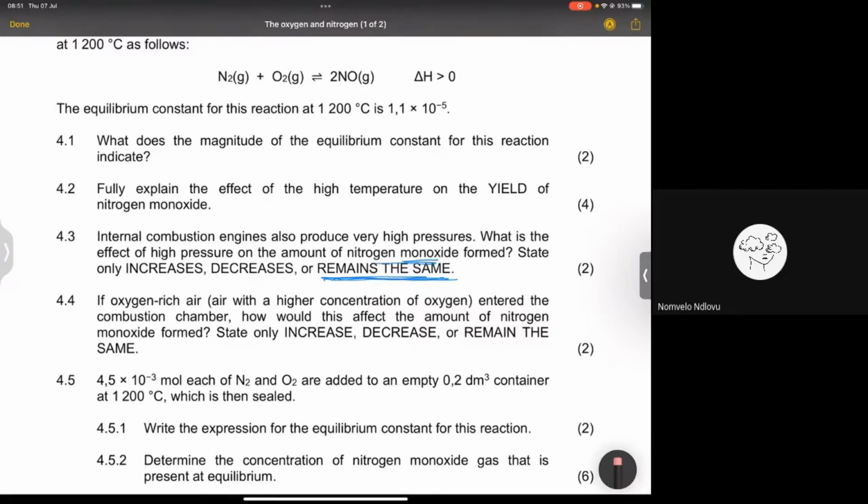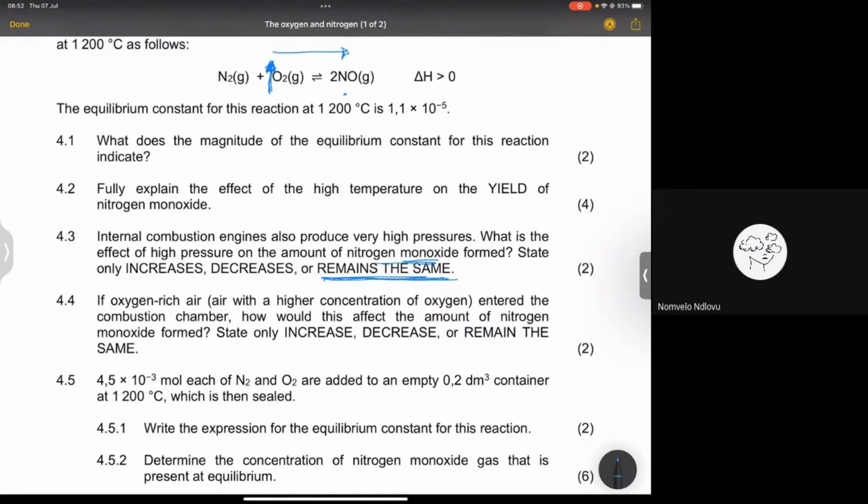Okay, so in that case, what are they trying to say to us? If we increased the amount of oxygen, what would happen to the amount of nitrogen monoxide? So anytime that we increase the reactants, we will favor the forward reaction.